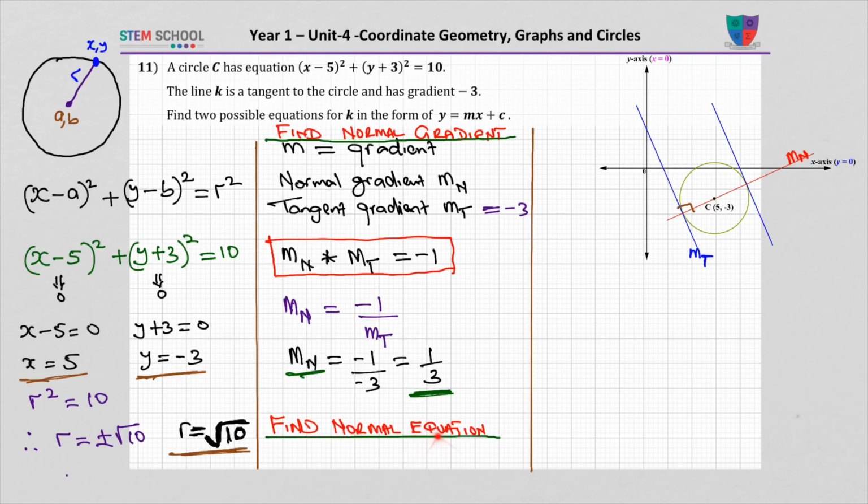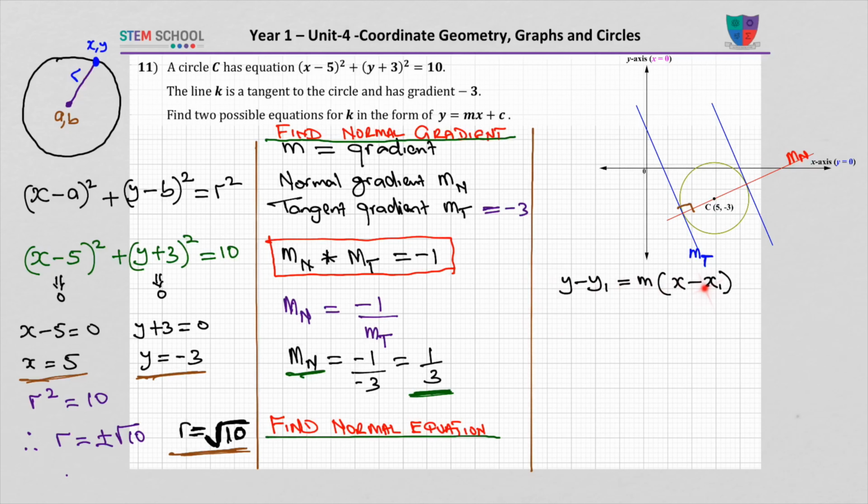Now I need to find the normal equation. What I'm trying to do is find the equation of the normal and then the equation of the tangent. There is one special equation: if you have one coordinate, like the center here, and you know the gradient of the line that passes through it, you can find the equation of that line.